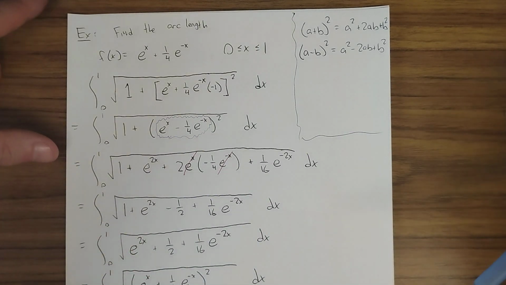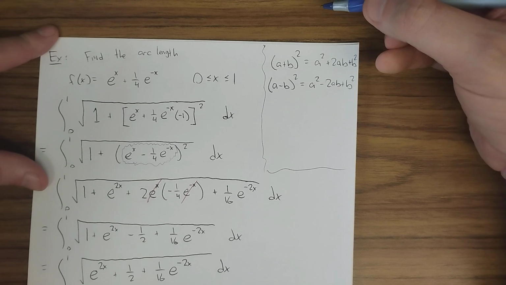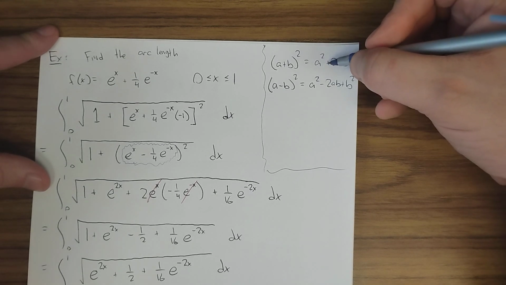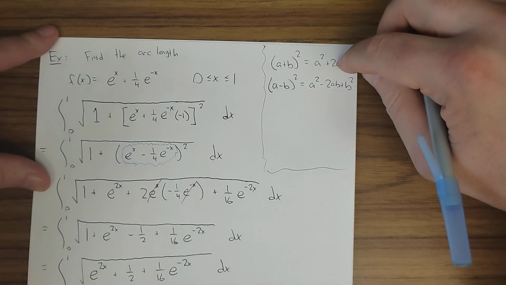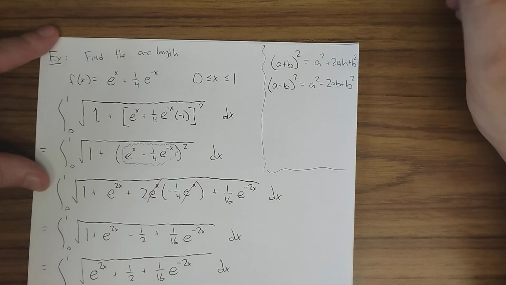But look, a minus b squared and a plus b squared are almost the same thing except for the middle. The only difference is that the middle, this one has a plus and this one has a minus.